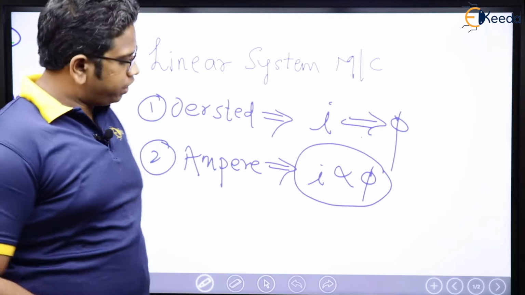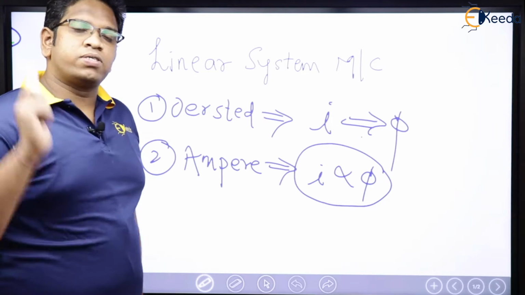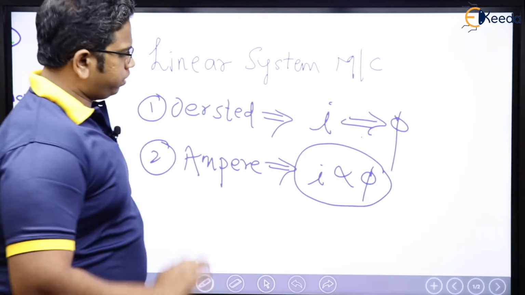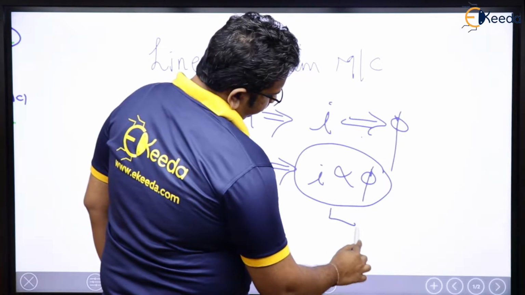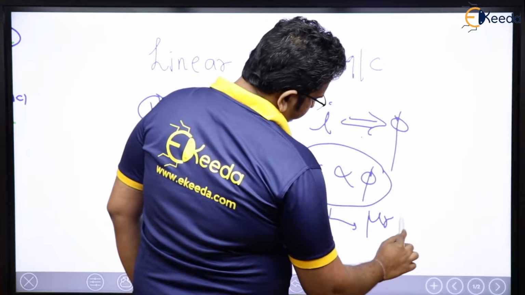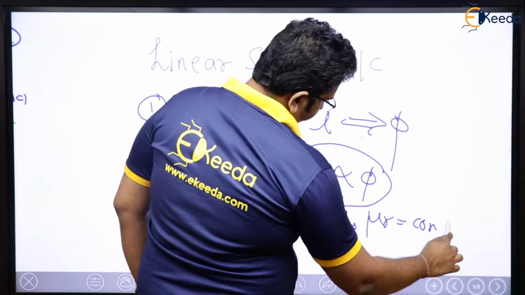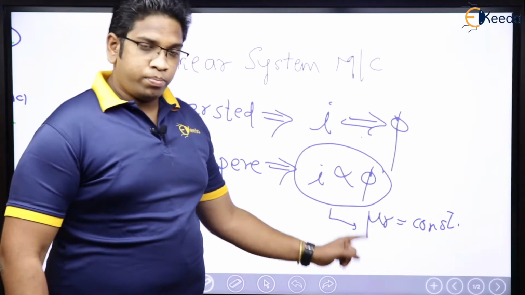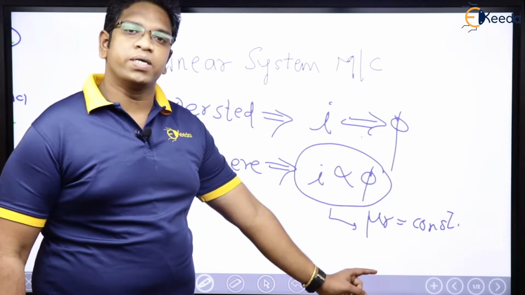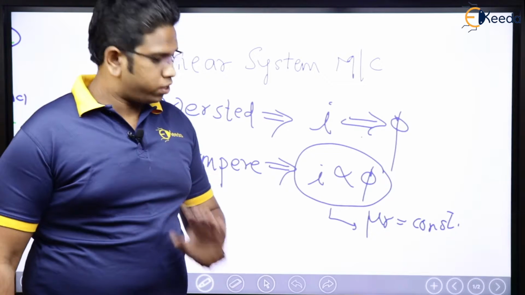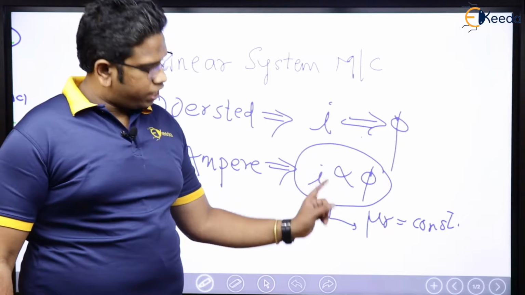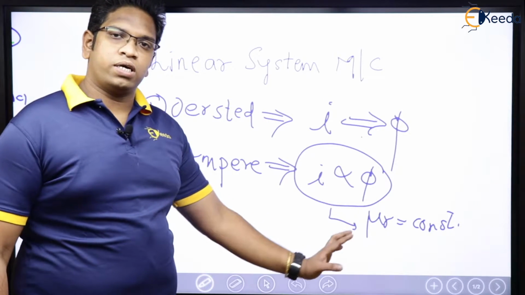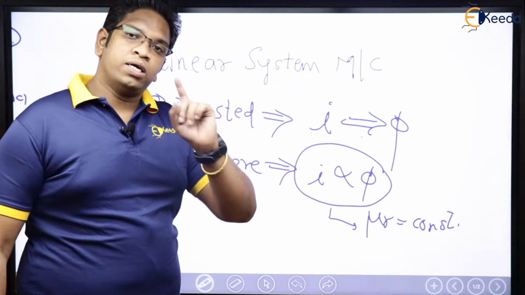But he mentioned that this is only applicable when the system is linear. And for the time being, I am going to tell you, linear system means mu r is constant. I am saying this for the time being, that I is proportional to phi means mu r is constant. How it is constant we will see later.